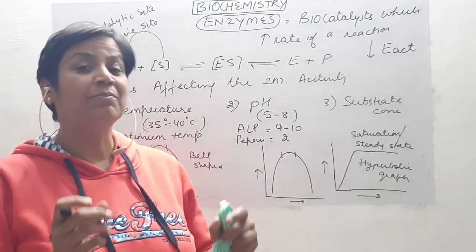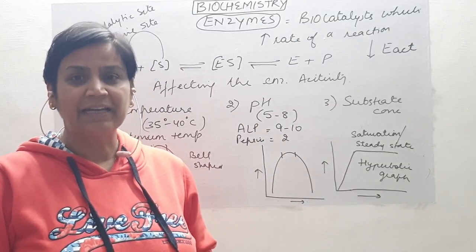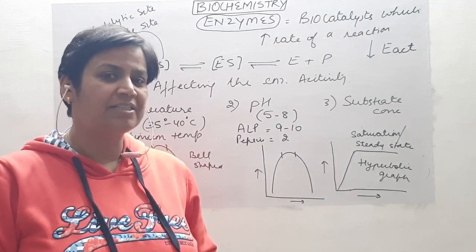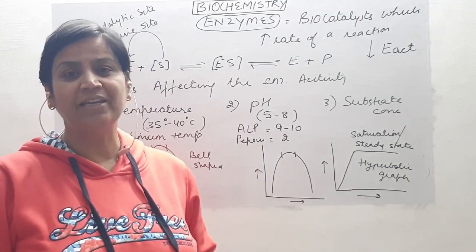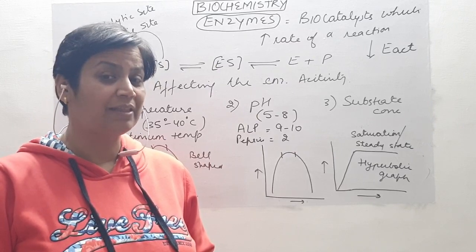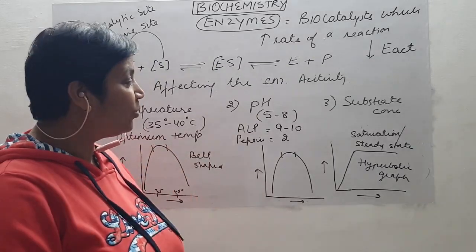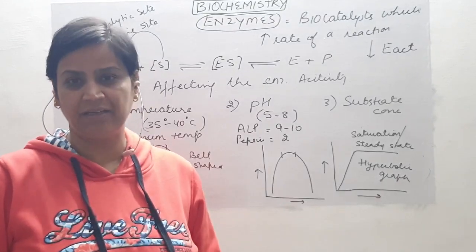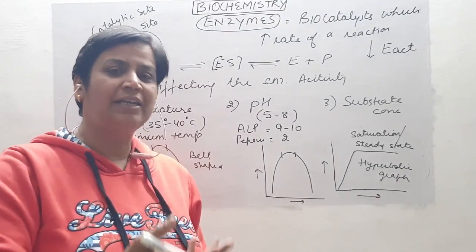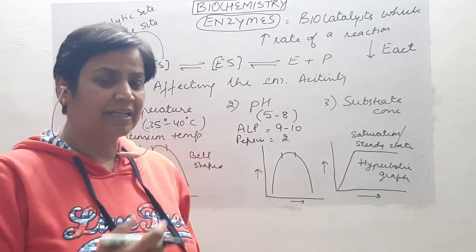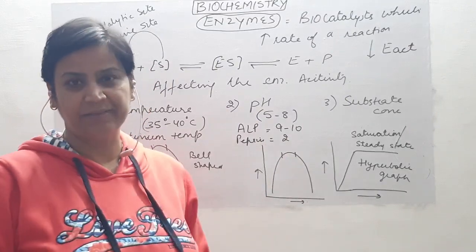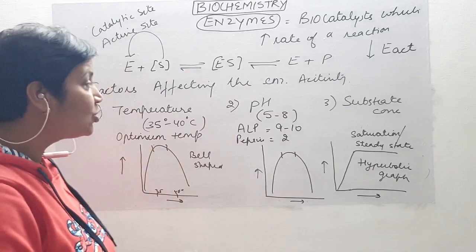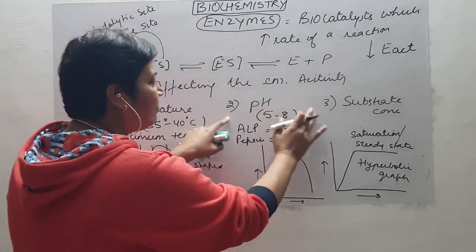More the active site, more will be the enzyme catalyzed reaction, but a stage will come when all the active sites of the enzyme will be occupied by the substrate. Then it is going to attain this steady state kinetics or saturation kinetics, or it is also known as zero order kinetics, which I am going to take after this. So these are the 3 important factors.